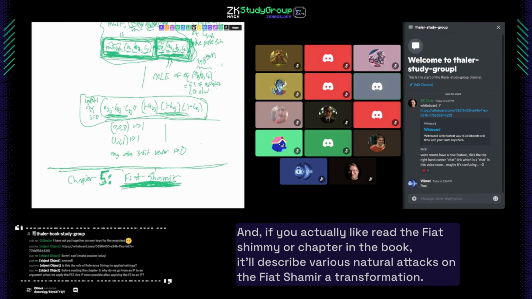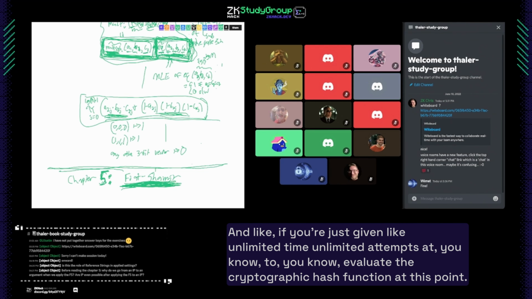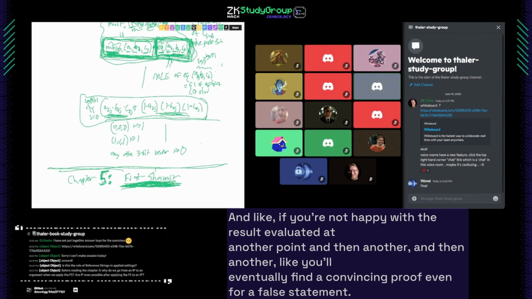Great. If you read the Fiat-Shamir chapter in the book, it describes various natural attacks on the Fiat-Shamir transformation. If you're given unlimited time and unlimited attempts to evaluate the cryptographic hash function at a point, and if you're not happy with the result, evaluate it at another point, and then another, you'll eventually find a convincing proof even for a false statement.